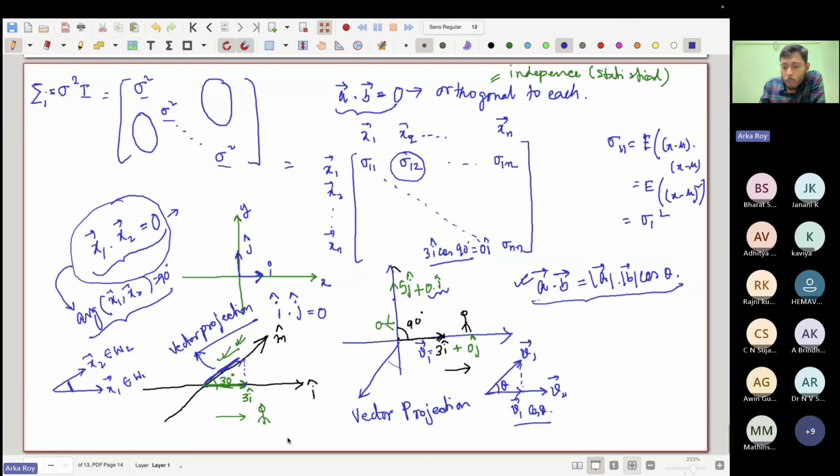In machine learning problems, the classifier will be happy to classify those features which are uncorrelated. What do I mean by uncorrelated? Let's say you have extracted features. This is x1 feature from class 1 and this is x2 feature from class 2. So the uncorrelated feature will look like this.